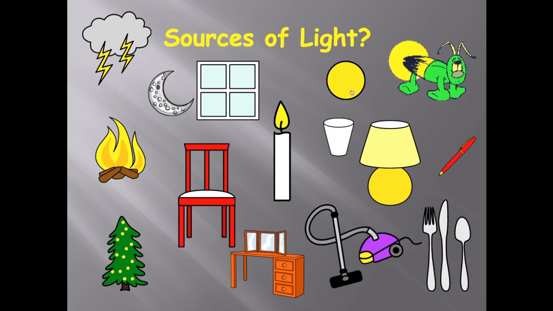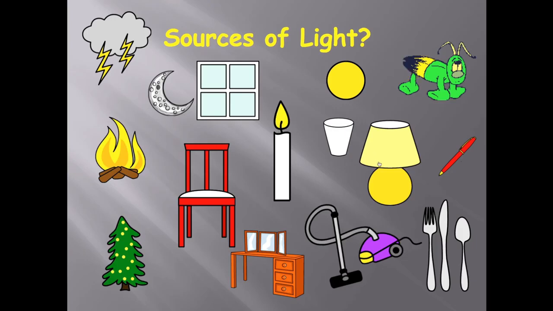Over here we have a picture of the sun, and that gives out light, of course, that's a luminous object. Here we have a firebug, and it can give out light. A fire, and the wood before the wood burns. The chair, a candle, the wax and the flame.